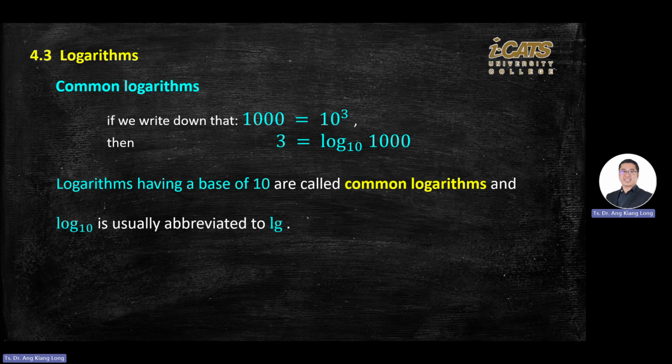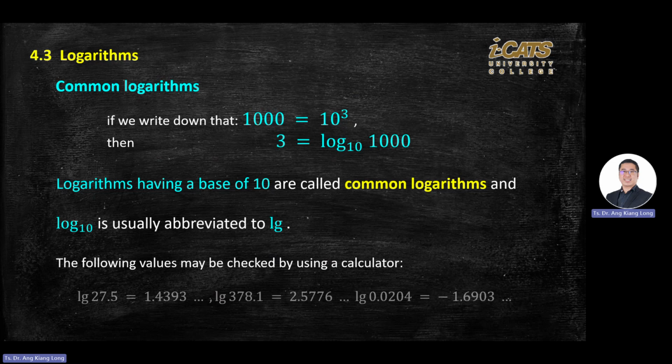Sometimes we use the short form lg for log. On some calculators, you have an lg sign, you can just press log 27.5, and you'll get 1.4939 something.